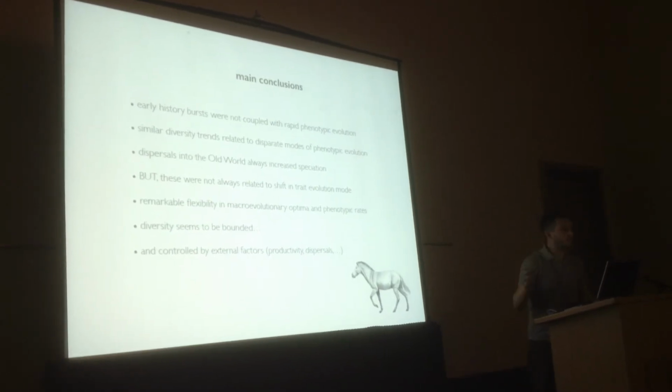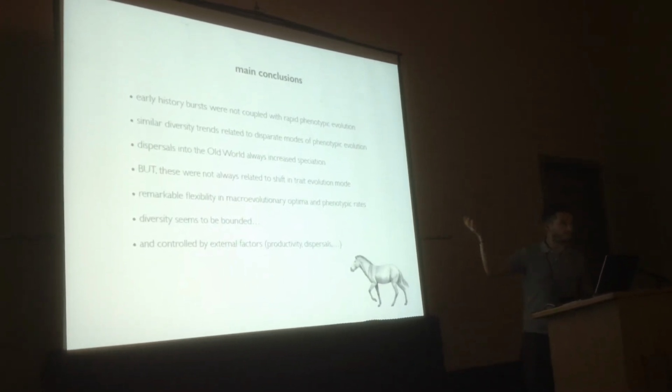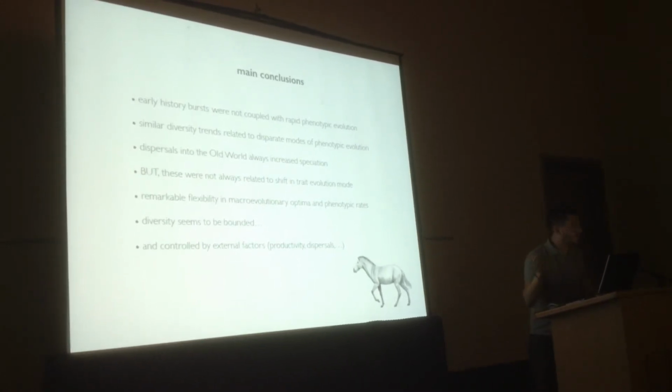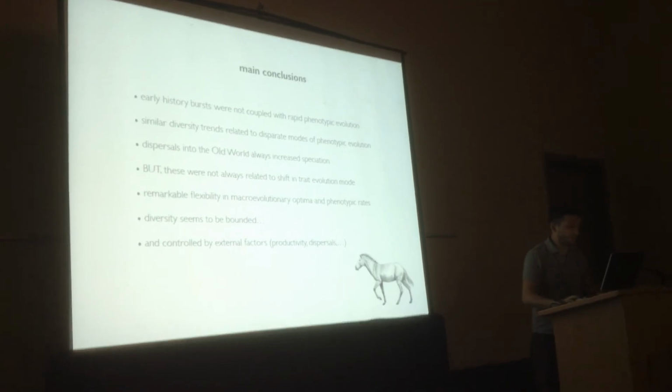But these dispersals were not always correlated to a shift in trait evolution mode. So in some cases we actually see a shift, as we saw for body size. We can enter a new continent and radiate there, but there is no change in the adaptive regime.